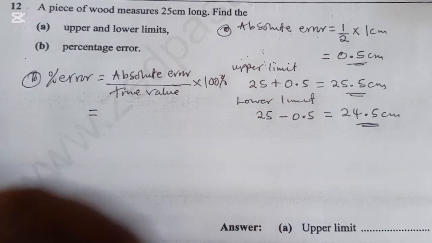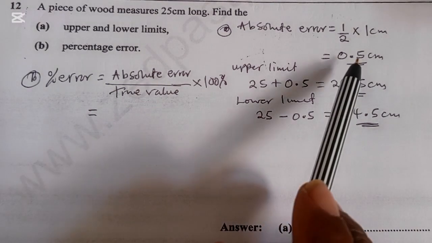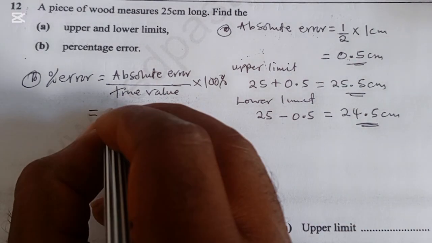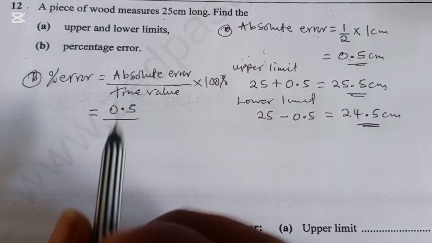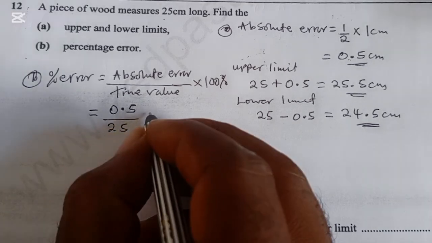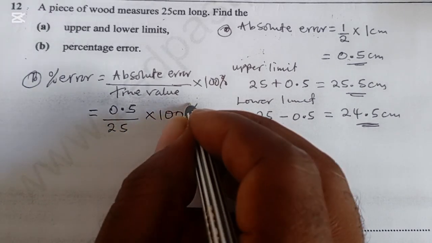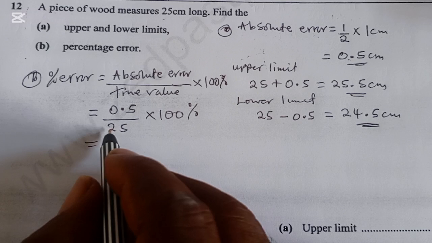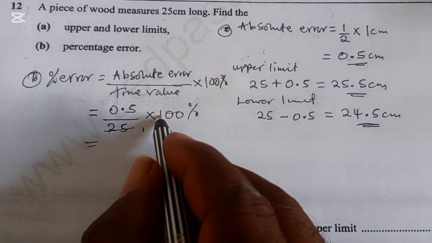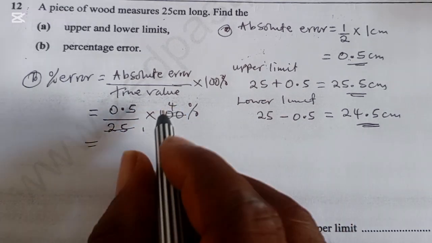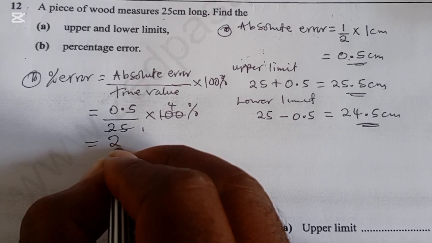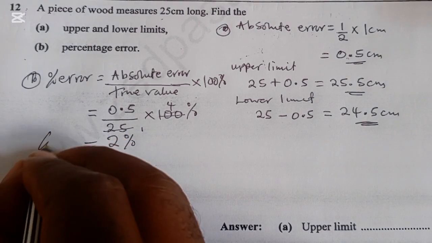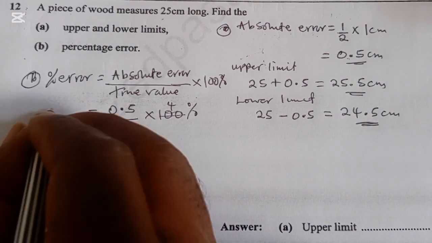So percentage error is equal to absolute error, it is 0.5 over true value, which is 25, times 100%. So 25 into 25, 1; 25 into 100, that is 4. So 4 times 0.5, the answer is 2. So 2% is the percentage error.